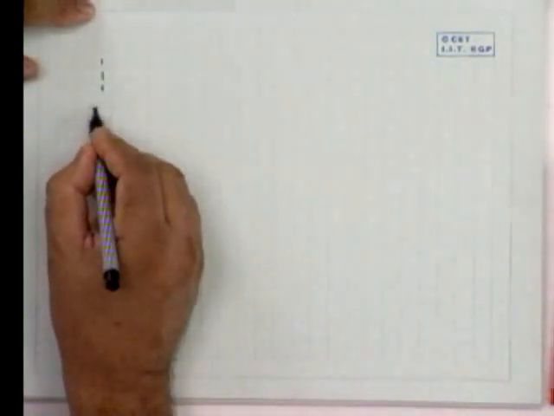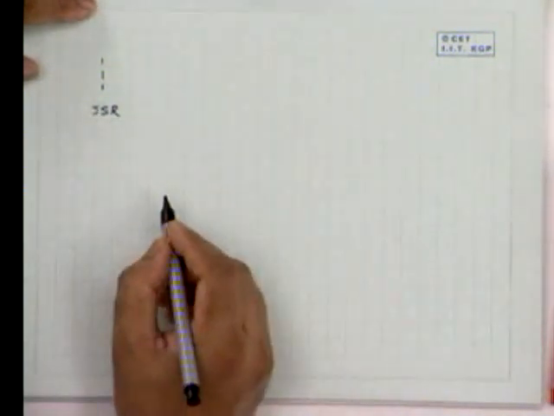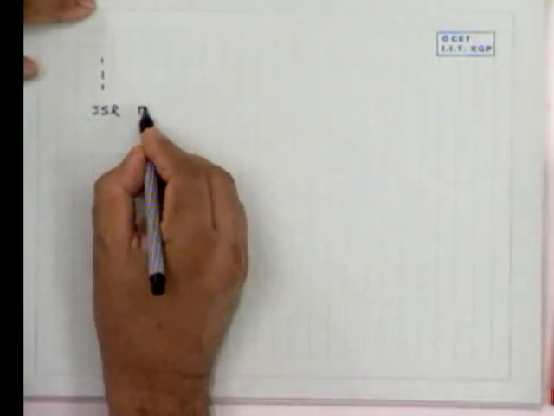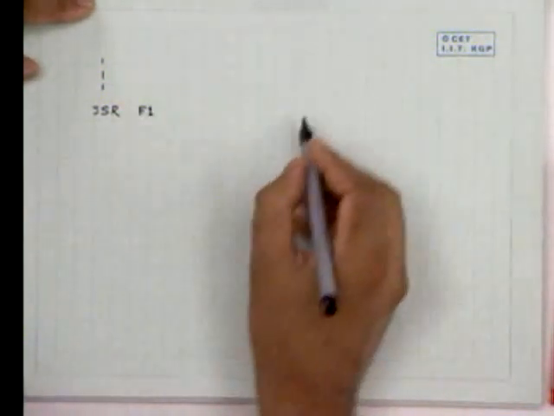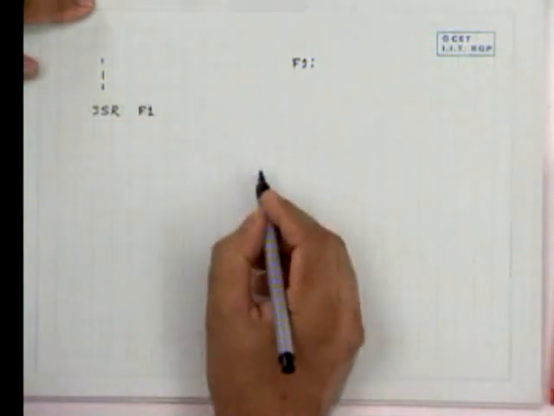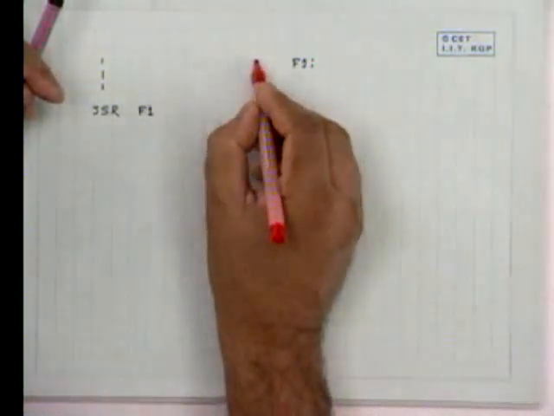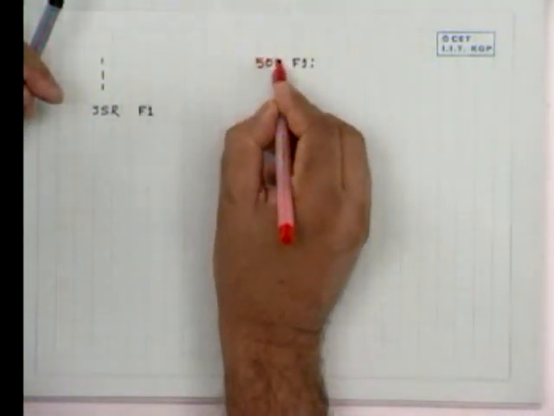Then say somewhere jump to subroutine or call is there, and it's to F1. Now F1 will start from some memory location. Let us assume that F1 starts from the memory location 0500.